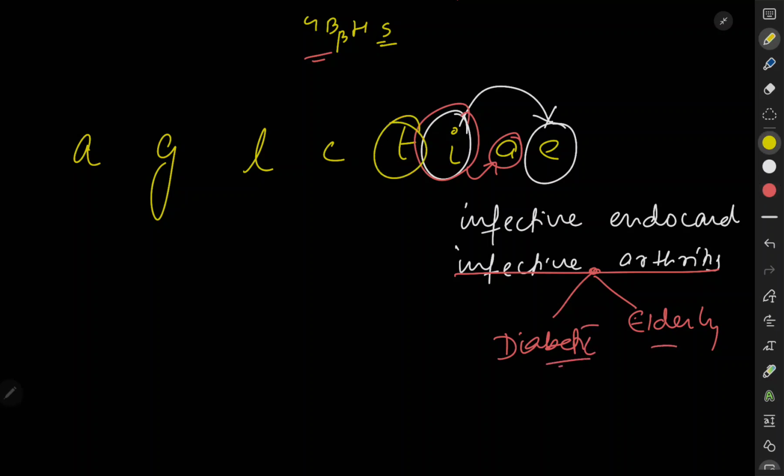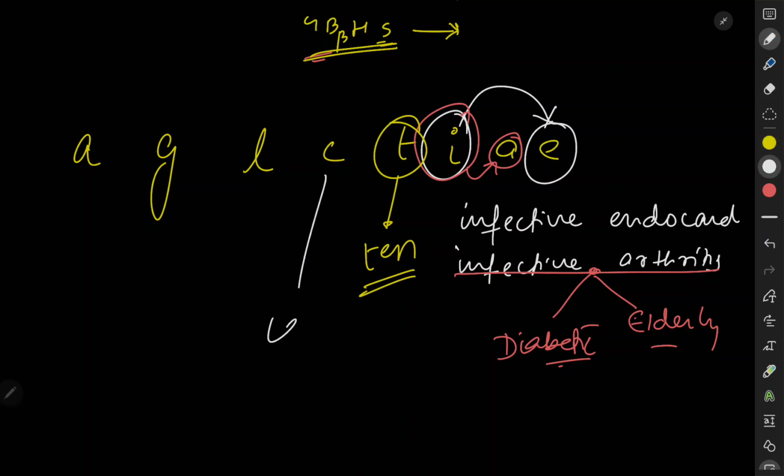T. Basically, these group B were further classified based on their capsules into 10 further subtypes.